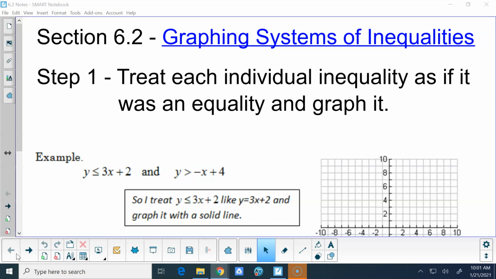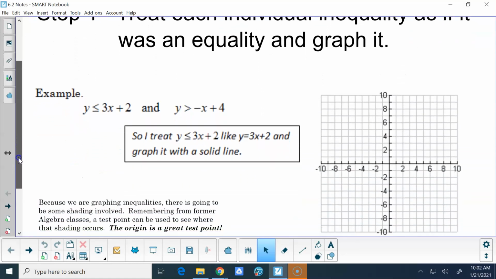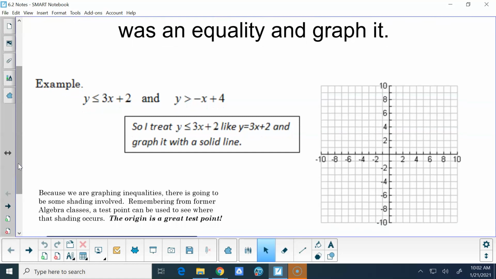Okay? So first step is we are going to treat each individual inequality as if it was an equality, and then we're going to graph that. So for instance, my first example is y is less than or equal to 3x plus 2, and y is greater than negative x plus 4.